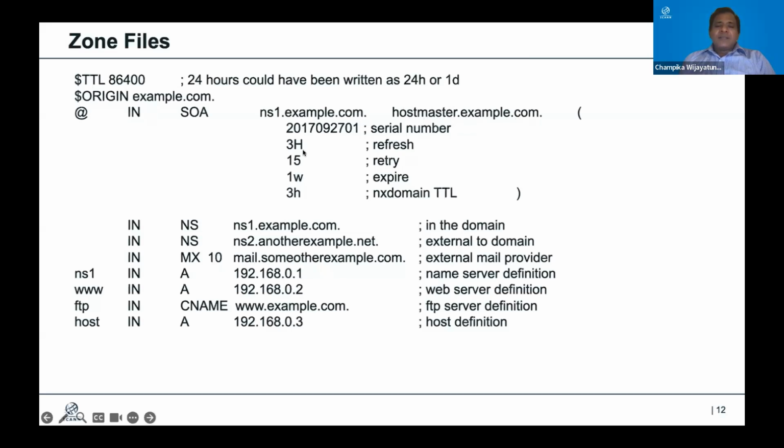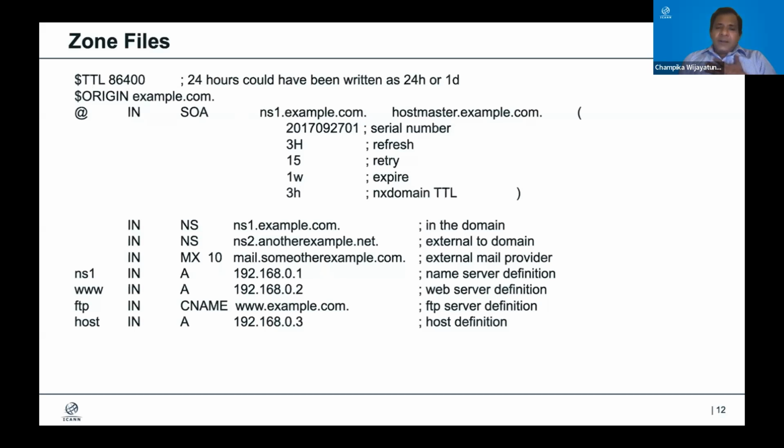And then there are some further fields in this SOA record for administrative purposes. This is what we call a serial number, right? Remember earlier we discussed primary and secondary name servers, the authoritative name servers. We have to make sure we have consistency between name servers.